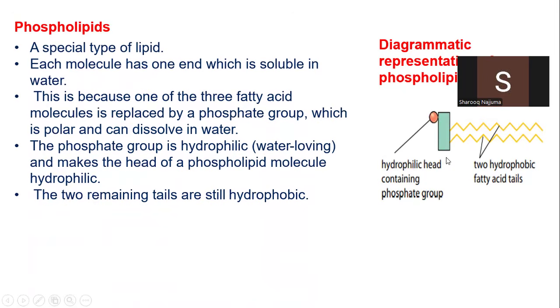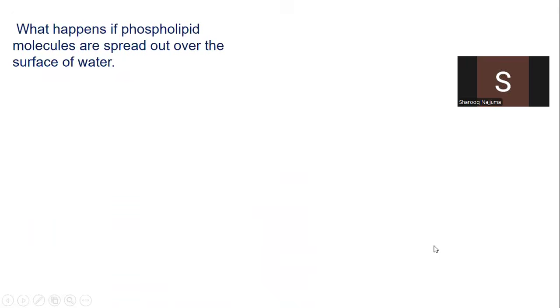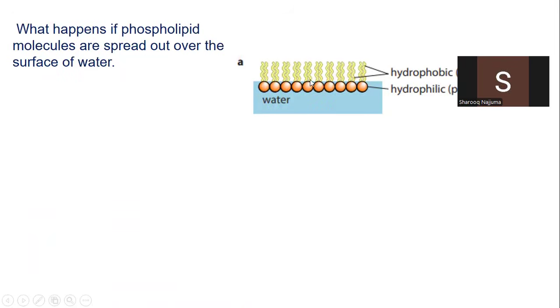Now, when we place phospholipids in water, how are they going to behave? We also need to understand that. The head can interact with water because it's water-loving, so all the phosphate heads are going to spread and interact with water.